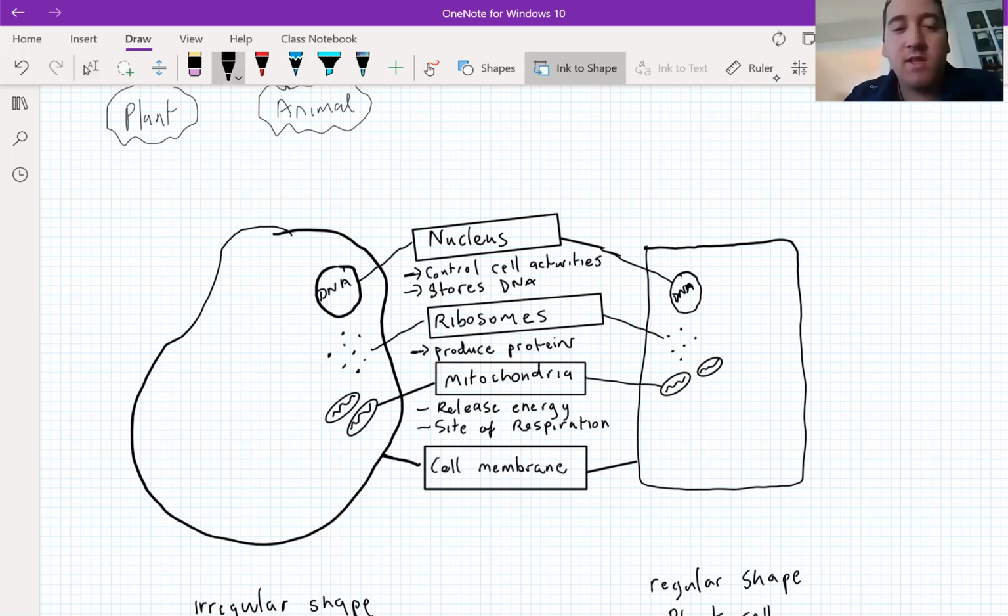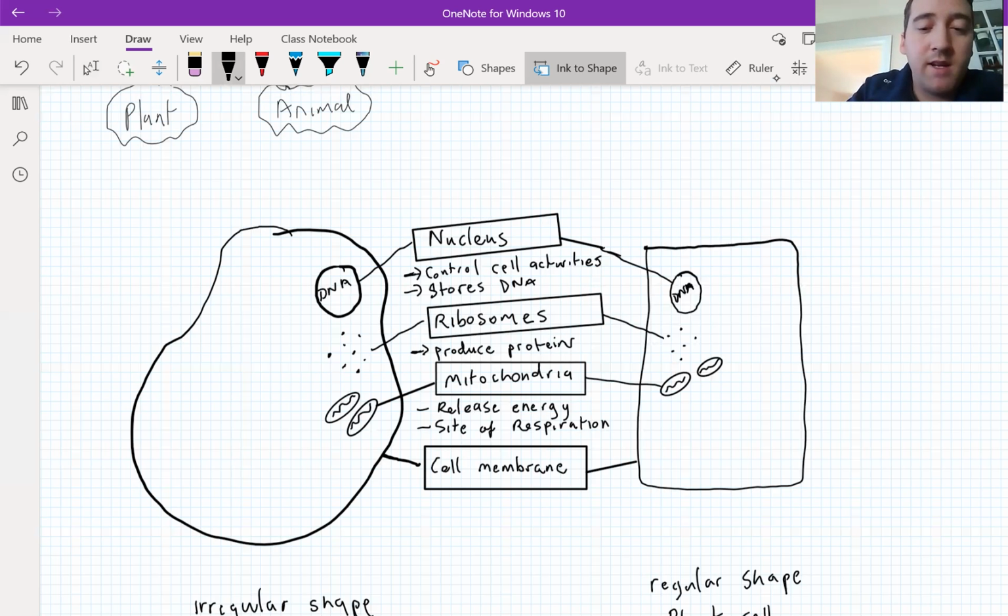It's basically a very thin layer which is able to control what materials can pass in and out of the cell. It's kind of like when we learn about the filter paper having small little holes in it, which lets some small materials through, but not bigger materials through. The cell membrane is kind of like that.